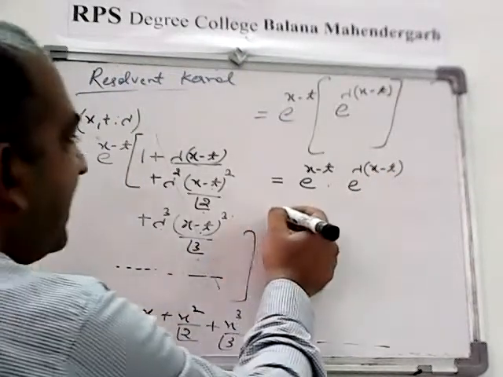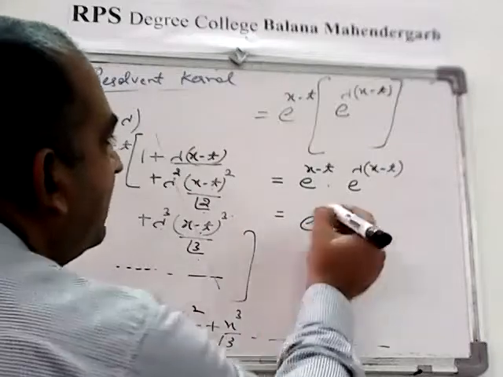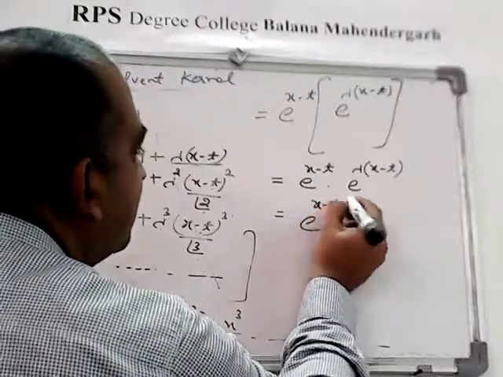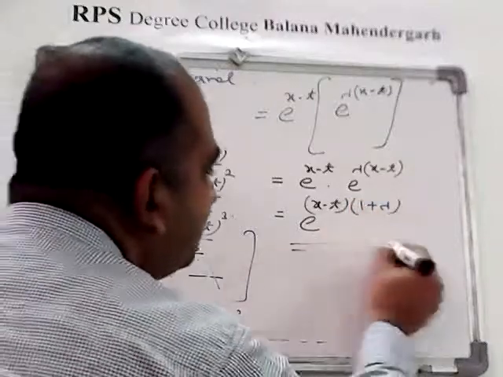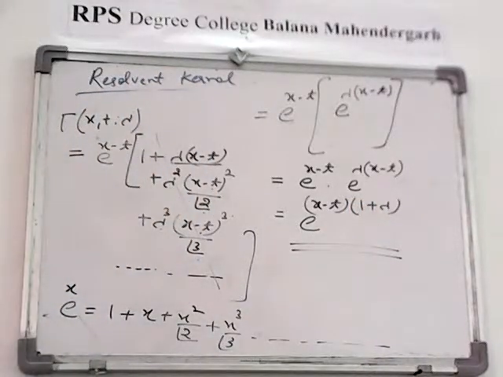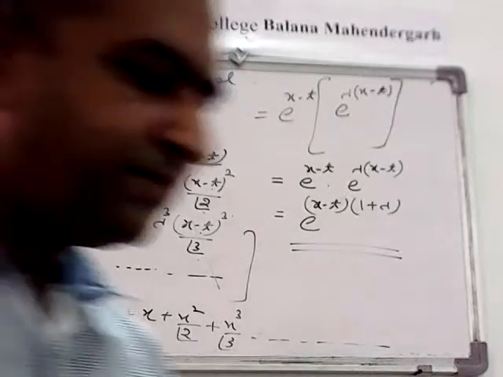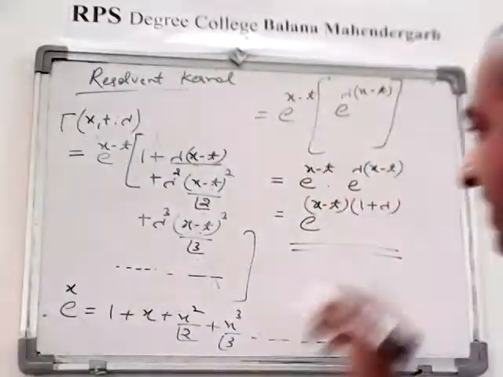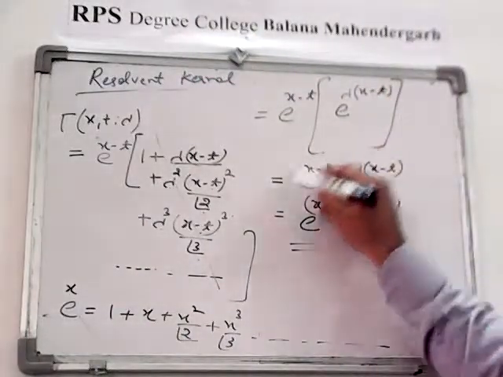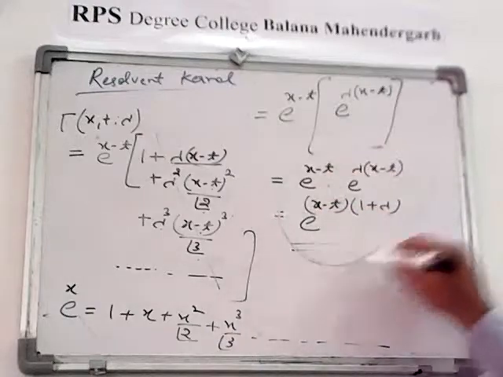We can write it as e raised to, the base is same, (x minus t) is common, so 1 plus lambda will be there. So we are getting our overall answer. If in the question we have to calculate the resolvent kernel, then we will move up to this place.